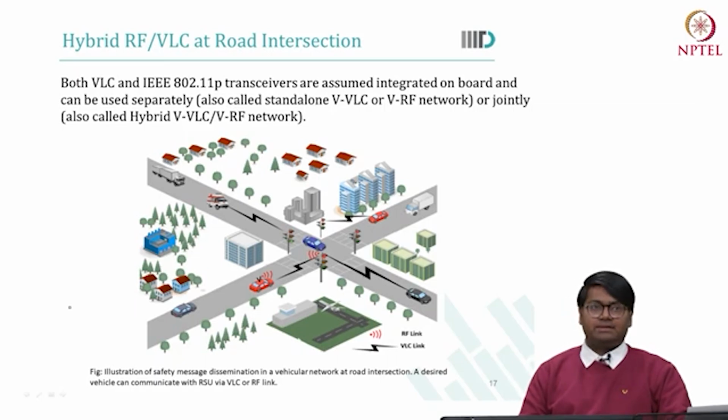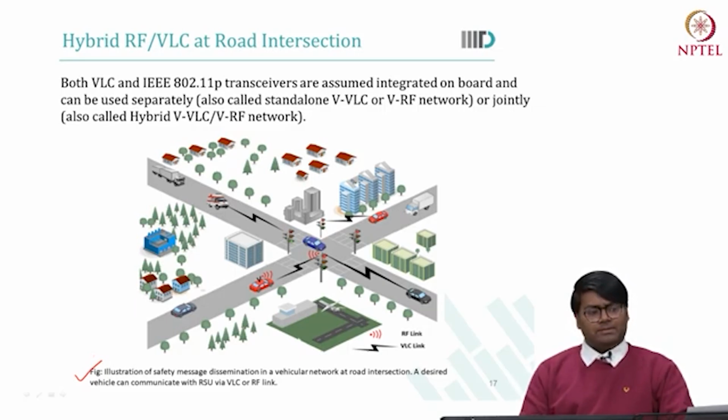At road intersection, the surrounding high-rise buildings, roadside installation or signboards may block the line of sight communication among the vehicles. As shown in this figure, we consider a desired vehicle close to intersection to carry the critical road information which needs to be immediately communicated to this roadside unit.